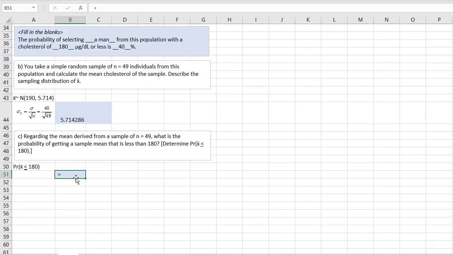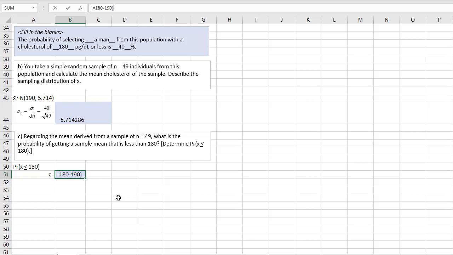So let's go ahead and figure that out. This is where we are looking at the sampling mean. So we start off by standardizing our z. So I'll put in z equals, and it's just like last time. Again, we are looking at anything less than 180 minus 190.